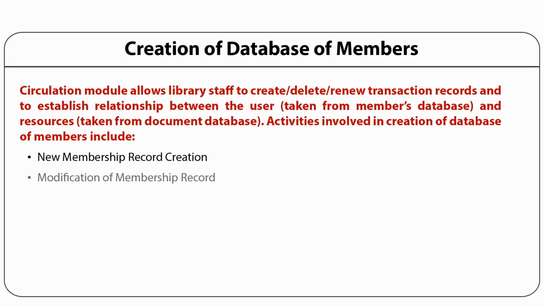Number 2. Modification of membership records. Membership records can be modified in the sense that they can be edited or updated using member ID or code. Number 3. Deletion of member records. This feature facilitates library staff to delete membership records either group wise or one at a time at the end of the membership period.